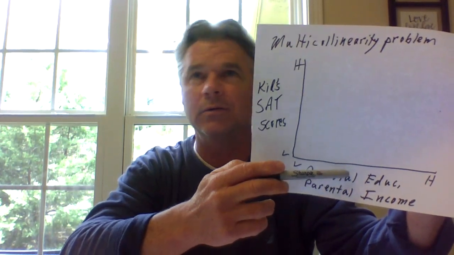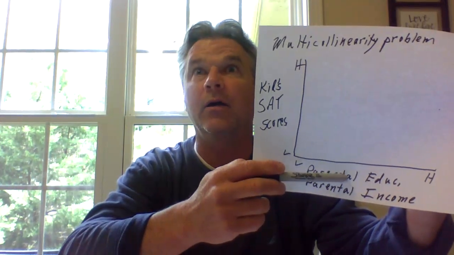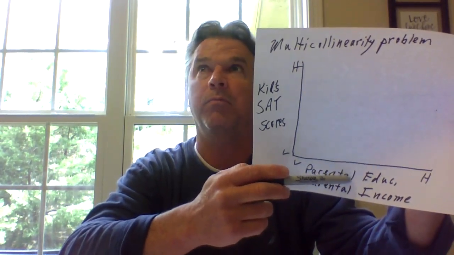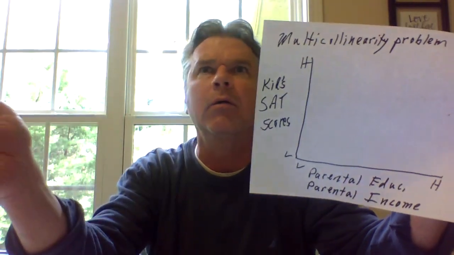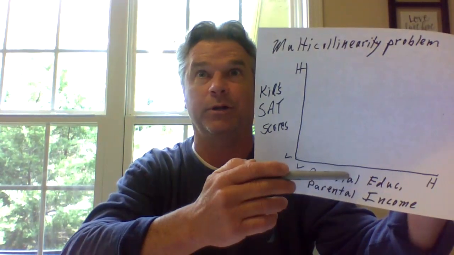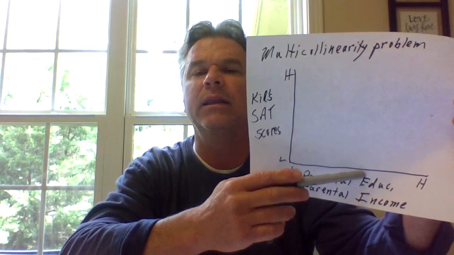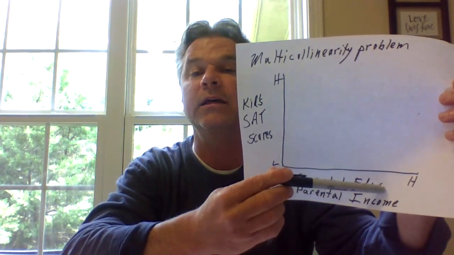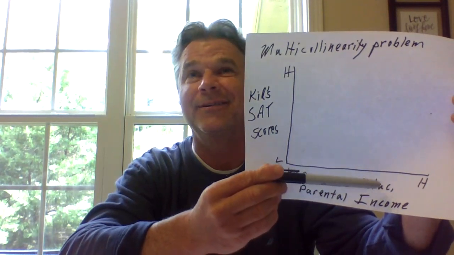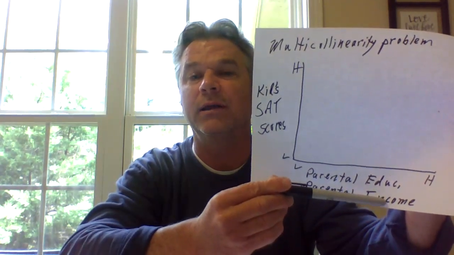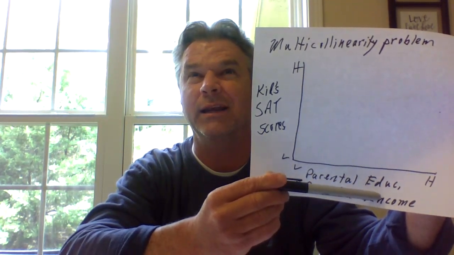But kind of old school statistics, say we have an R squared of really good, say 0.90, right? We're just really predicting SAT scores well. Then we remove parental education, and we get an R squared of 0.89, and then we remove parental income and include parental education, and we get an R squared of 0.89.